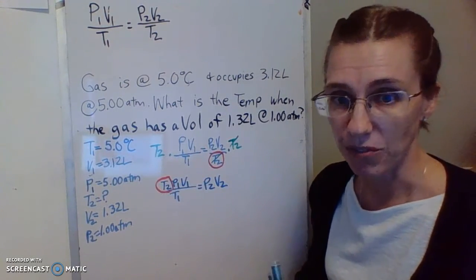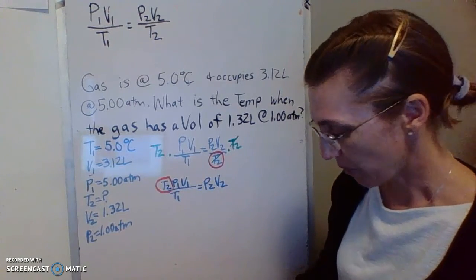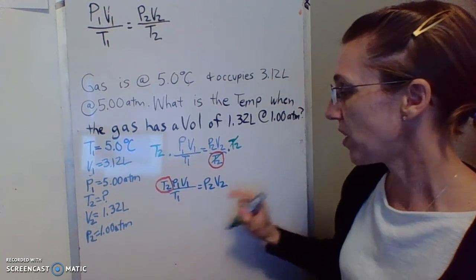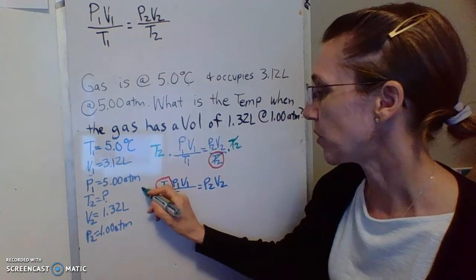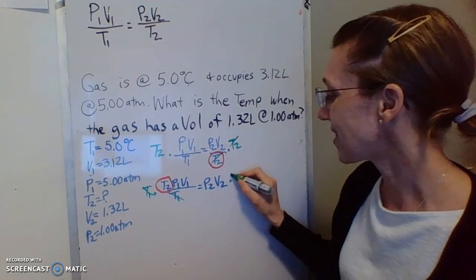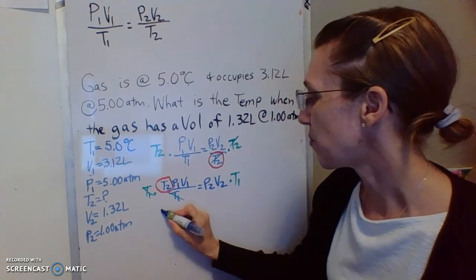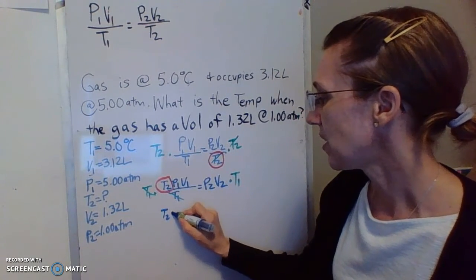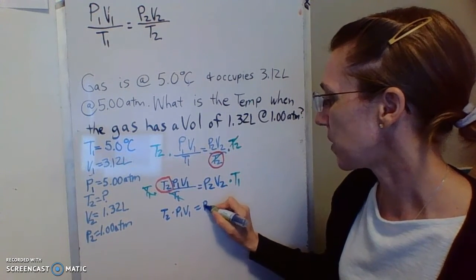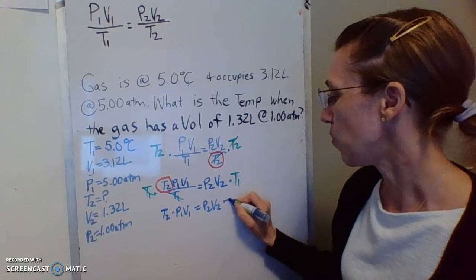So now we can solve for it. We have to get everything else to the other side. Let's get T1 to the other side first. We can multiply this by T1 so that they cancel out. If you do it to one side, you have to do it to the other side. So we end up with T2 times P1 V1 equals P2 V2 times T1.